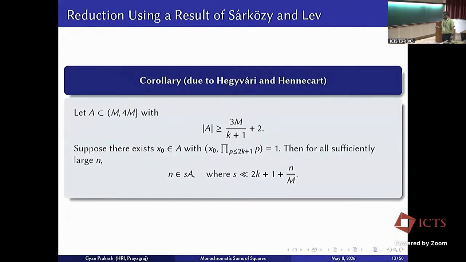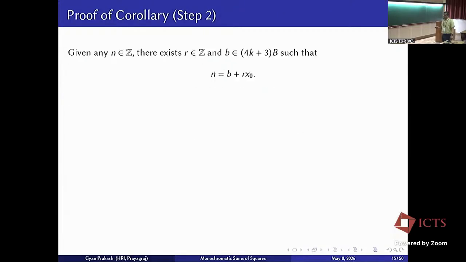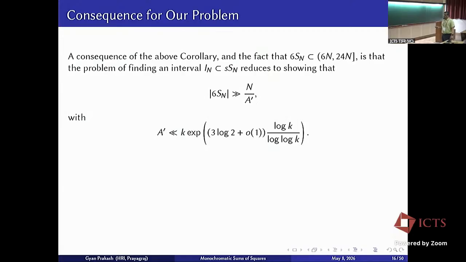So therefore, if we show that 6Sn is greater than n by A prime, then if I take some constant multiple of A prime into 6Sn, then that will contain an interval. Because Sn, remember, also has only elements which do not have small prime divisors.